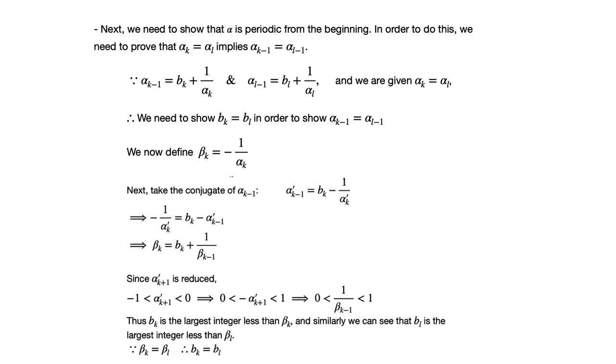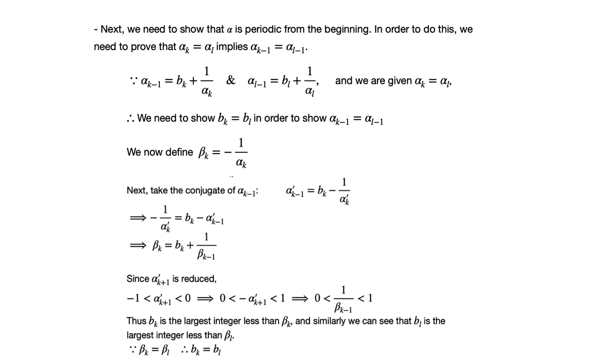And we can see that since alpha_{k+1} is reduced, its conjugate is between minus 1 and 0, and therefore 1 over beta_{k-1} is between minus 1 and 0.